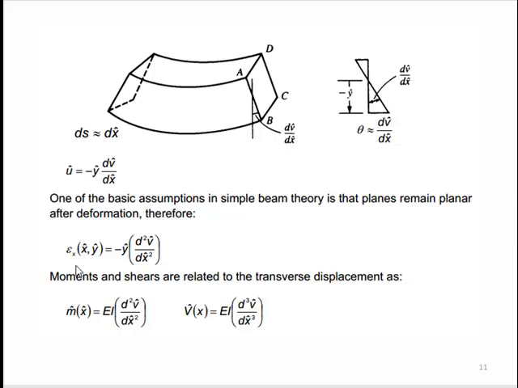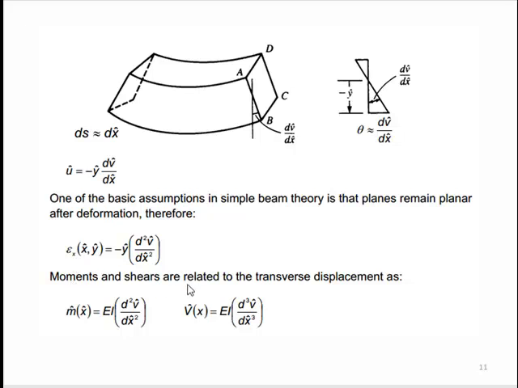So the strain epsilon x is equal to minus y d2v by dx2, because we know that strain is the derivative of the displacement. We differentiate it one more time with respect to x, and we get the strain.